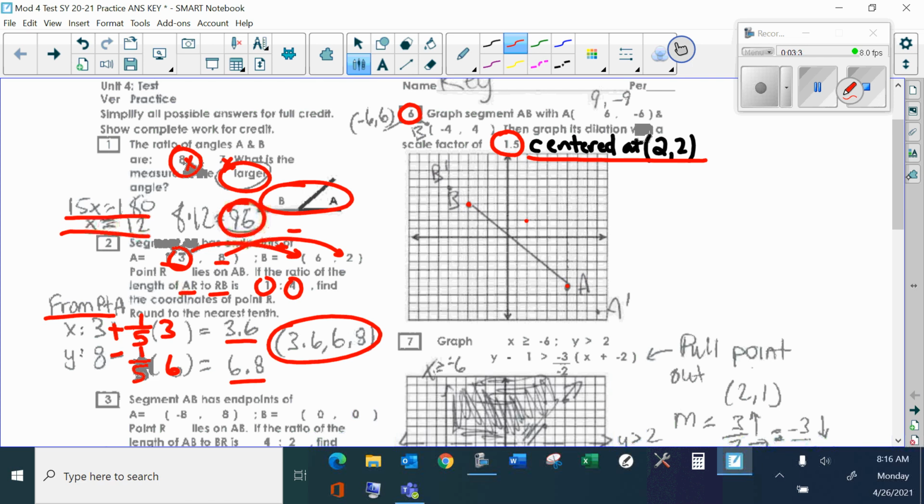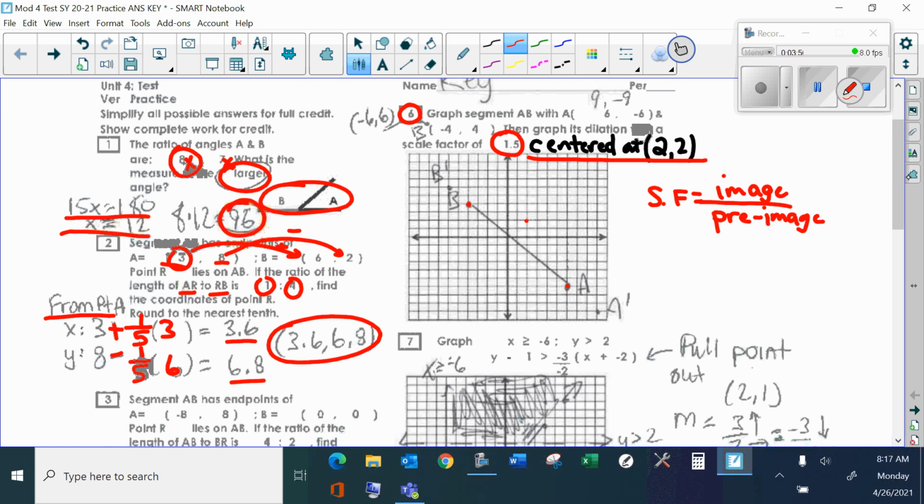So I need to go half that distance again afterwards. Scale factor 1.5 is greater than 1, so the image is going to be longer than the pre-image. Remember, scale factor is image over pre-image. The easy way to remember that is alphabetical order: I comes before P in the alphabet, so you know which one's on top in the numerator.